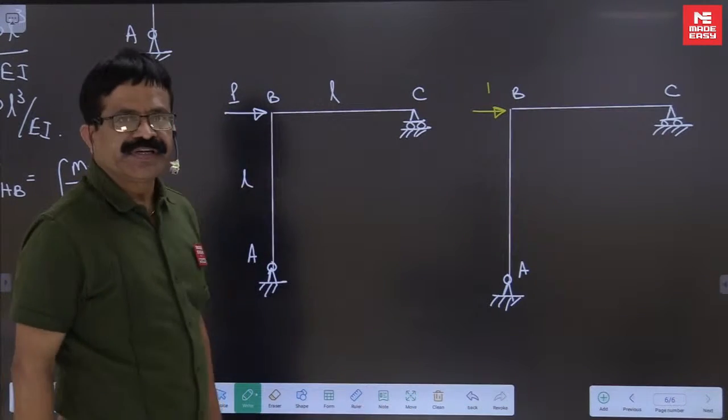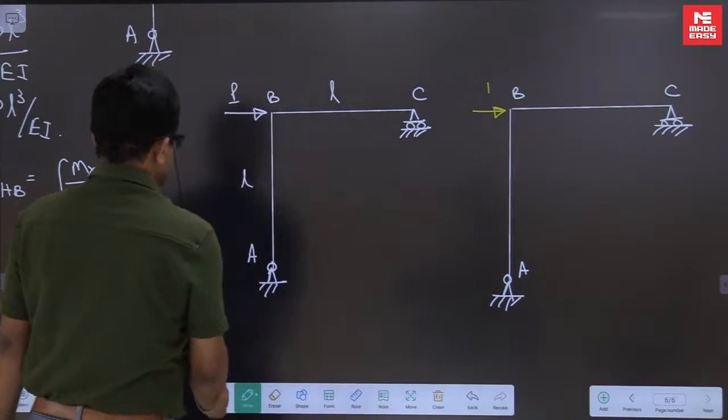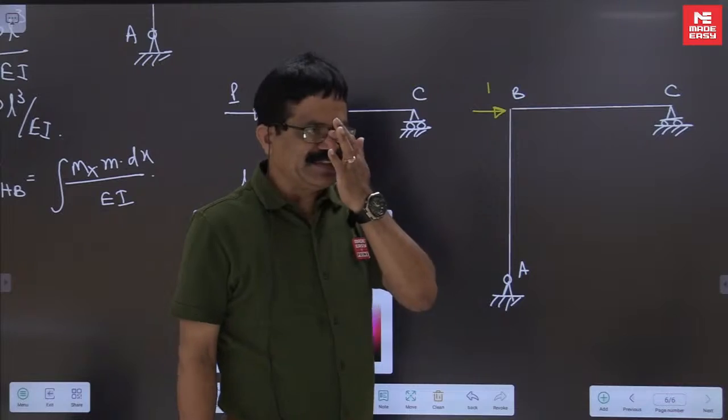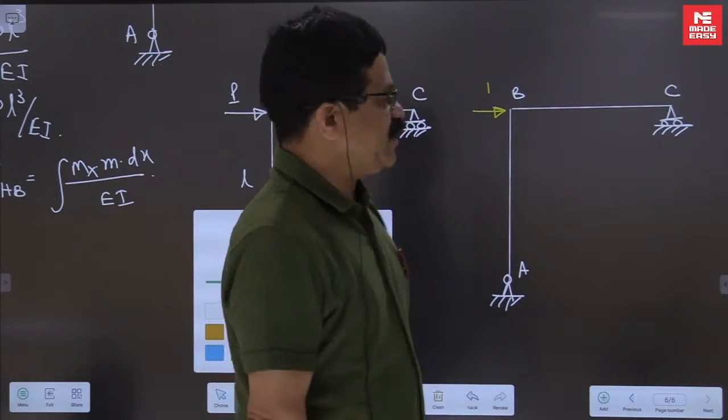And it has no units. That's what we use in the Castigliano's theorem 2 strain energy method. Now you see, by inspection itself, all the support reactions, etc., we must manage. We should not write sigma Fx 0, sigma Fy 0, sigma M 0 and find the values.